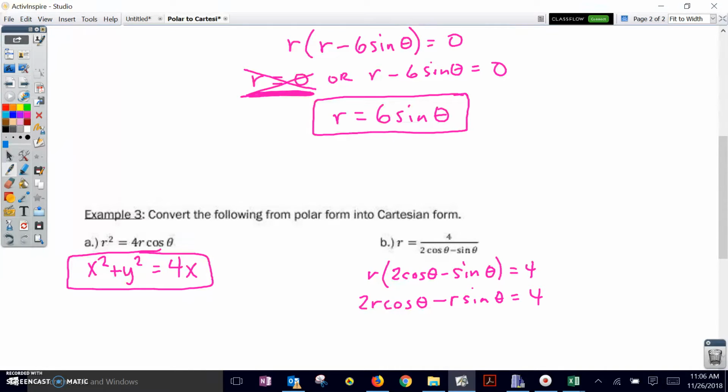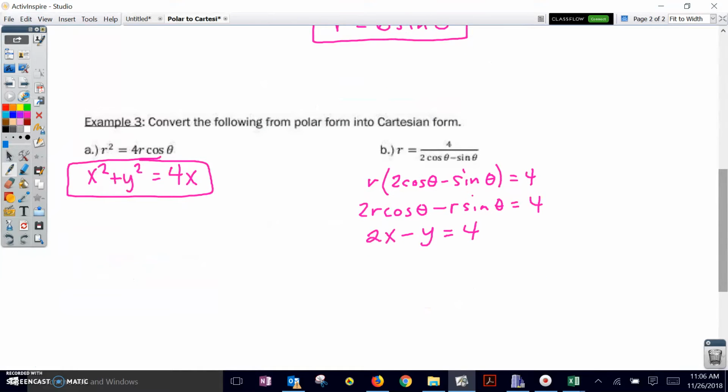And let's see, r cosine of theta is equal to x. r sine of theta is equal to y. And this is actually the equation y equals 2x minus 4. So it should be a line with a slope of 2 and a y-intercept of negative 4.